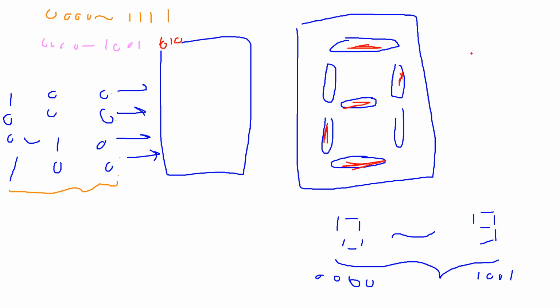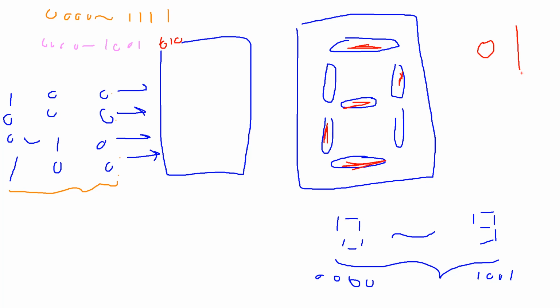Namely, it may be 0, or it's possible to be 1. It can be both 0 or 1.